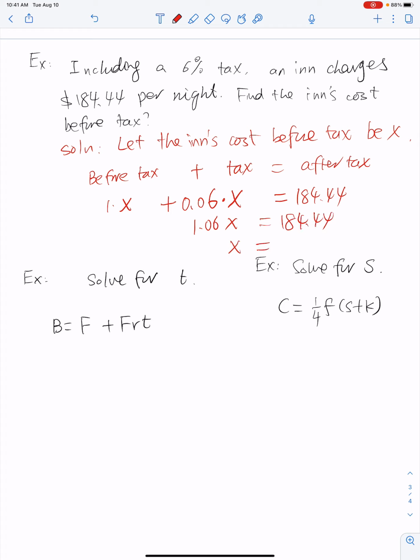When you do the division, let me find a calculator. 184.44 divided by 1.06 is 174. I have to check.